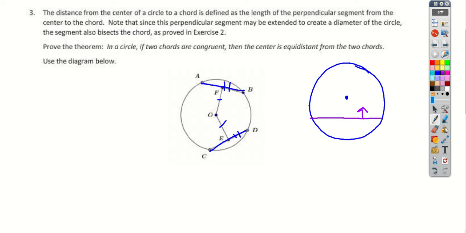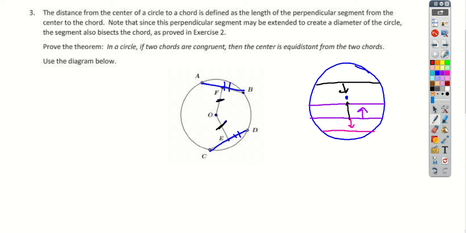What's going to happen to it? If you said it gets bigger, you're right. And if I move it further away from the center, it's going to get smaller. So if I told you that I have two chords that are exactly the same distance from the center, then those chords have to be equal.